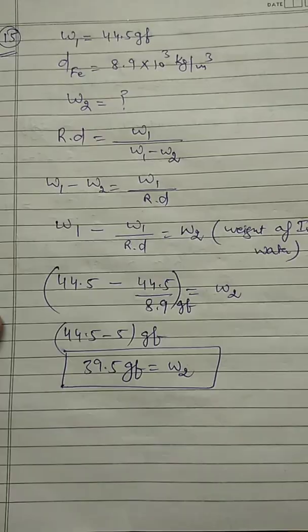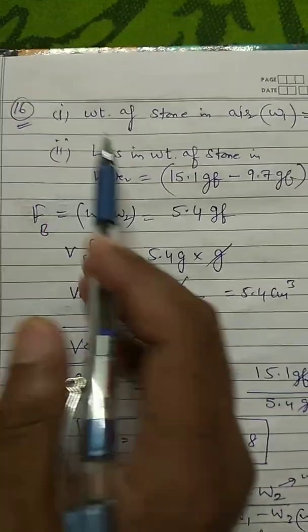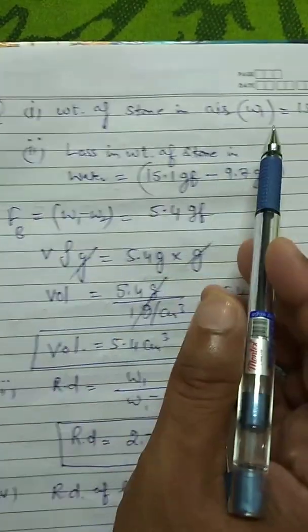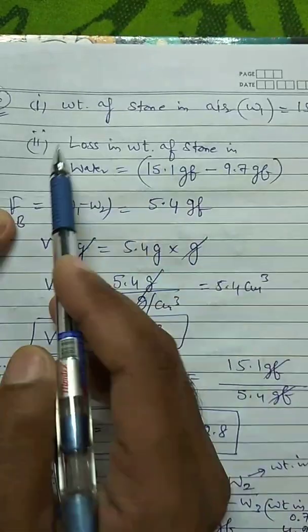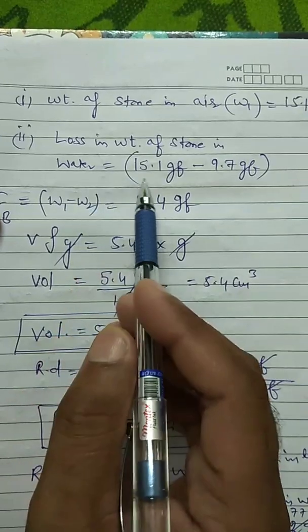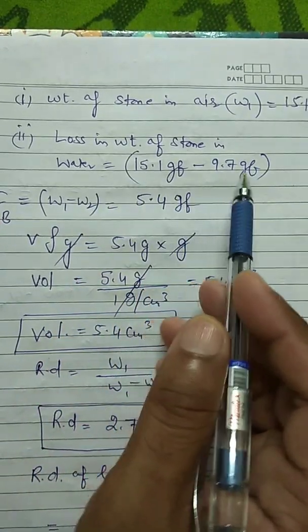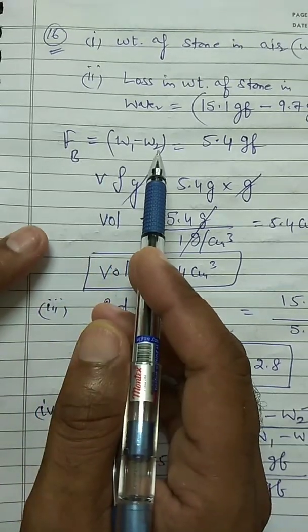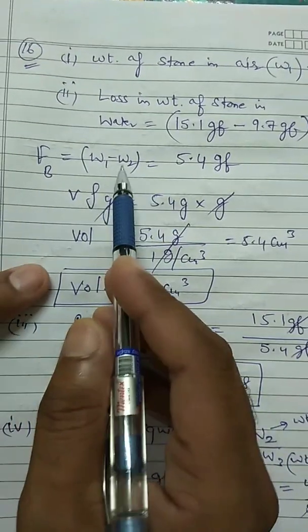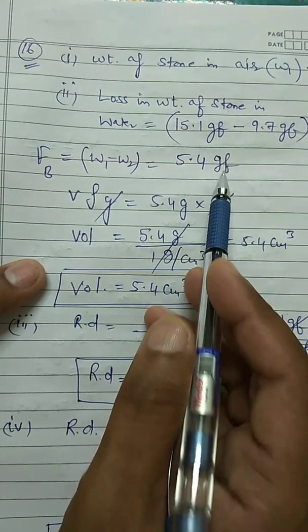Now 16th numerical, weight of the stone in air is given. W1 is equal to 15.1 gram force. Loss in weight of the stone in water is 15.1 gram force minus 9.7 gram force. So FB, that is the loss in weight of the body in water, W1 minus W2, is 5.4 gram force.